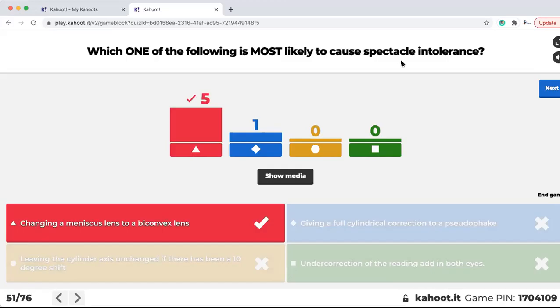So the patient will not converge, leading to convergence insufficiency. And so when the patient is reading a near target or reading a book, his eyes will not converge, making him suffer from eye strain. And this is what will make him unable to accept the glasses, or spectacle intolerance. Not the undercorrection, but the overcorrection.